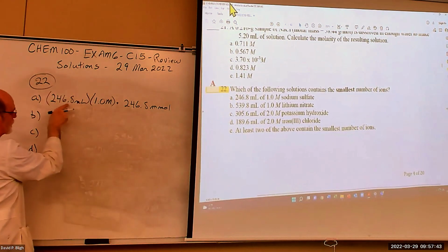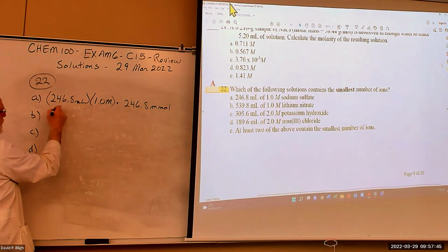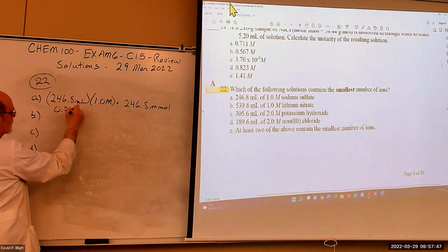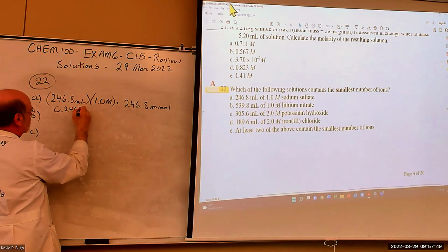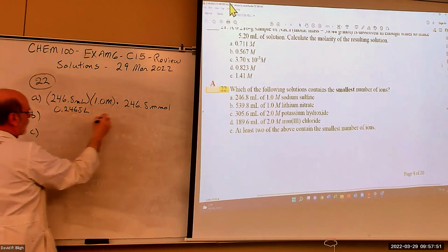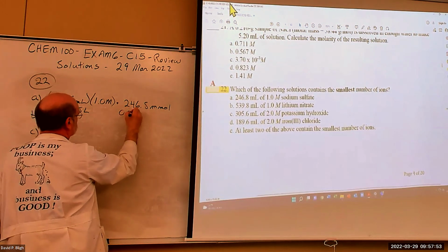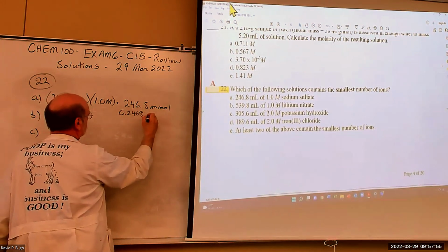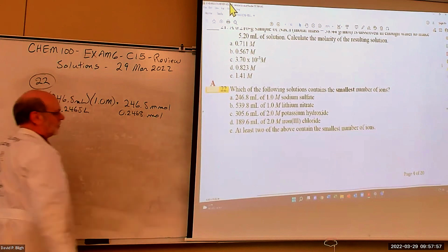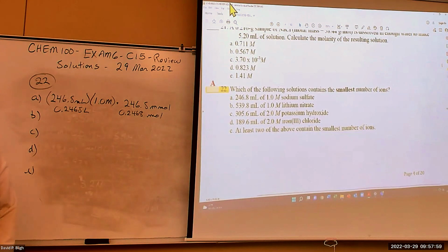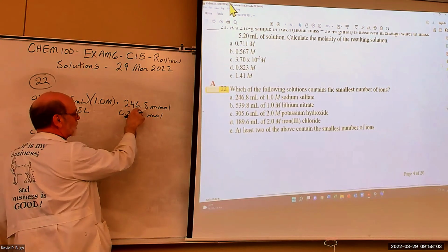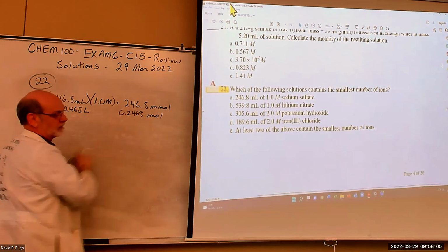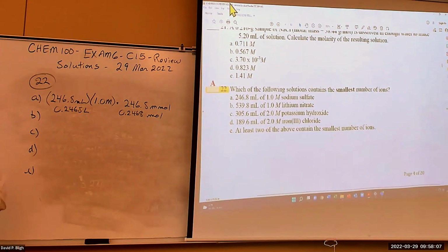If we convert this to liters, we get 0.2468 liters times 1. That's 0.2468 moles. What's a millimole? A millimole is 1,000th of a mole. So 1,000th of the mole would be 1, 2, 3. There you go. We just changed the units.